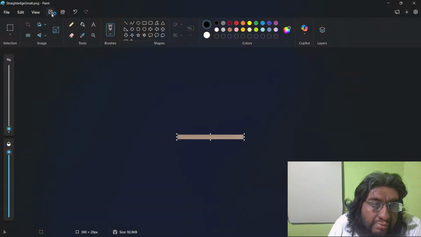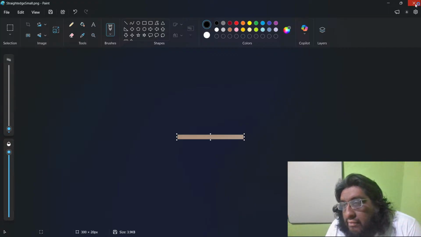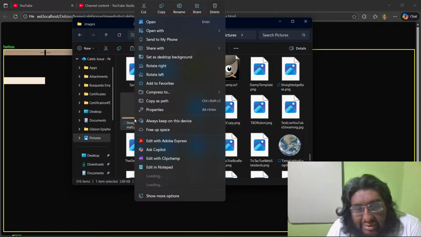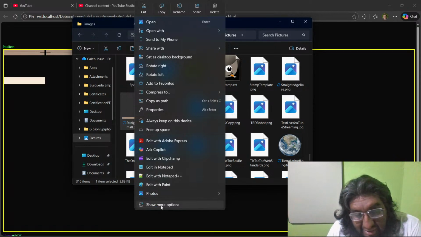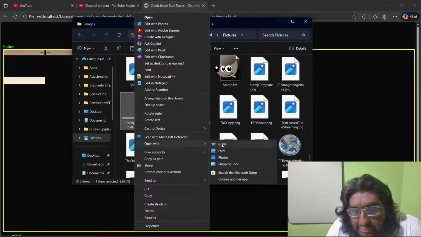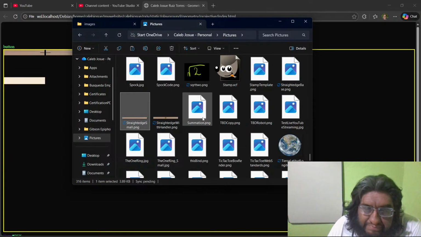And now we can open this thing again with Paint in GIMP.